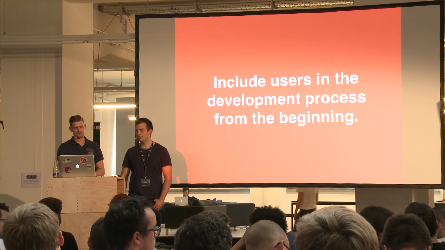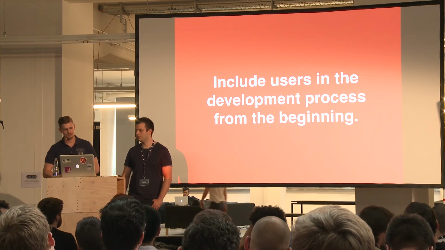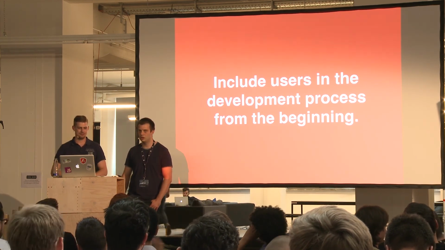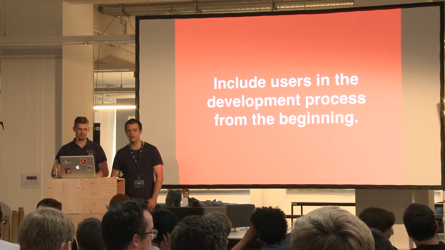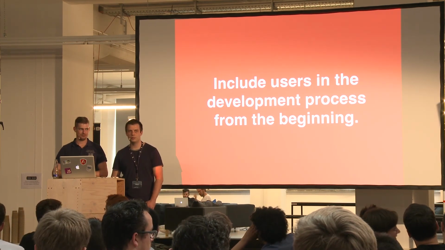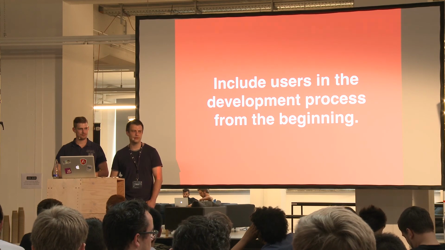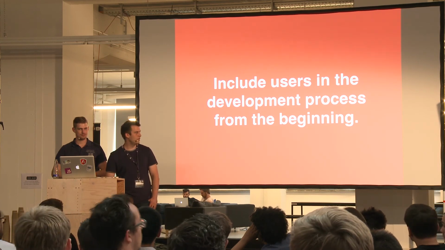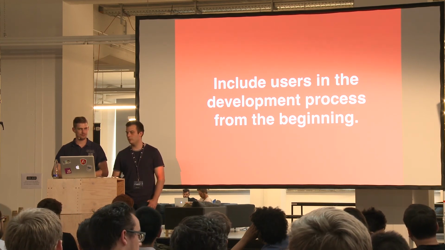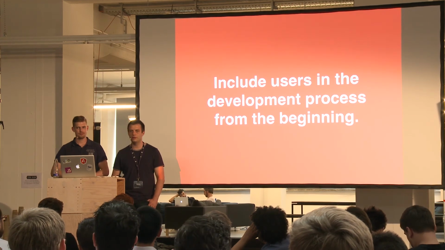And use your users, or abuse your users, as testers. Just include them. They're thankful for every new feature, and if they participate in the development process of your application, they like using it because they're in fact part of it.